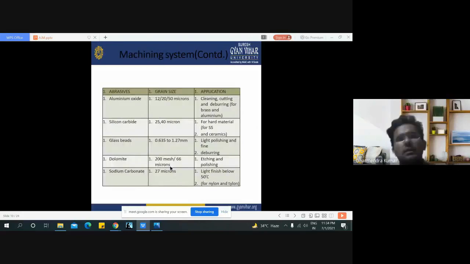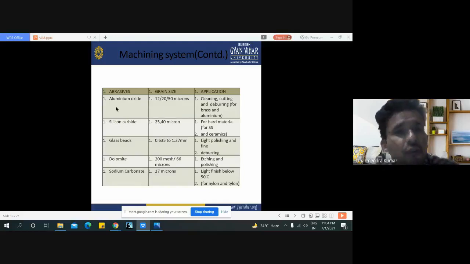Here are some abrasive particles, described by grain size and the application of each abrasive material. For example, aluminum oxide has grain sizes of 12, 20 and 50 microns.